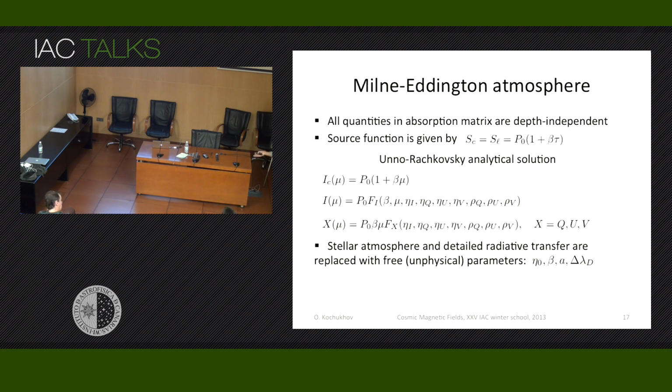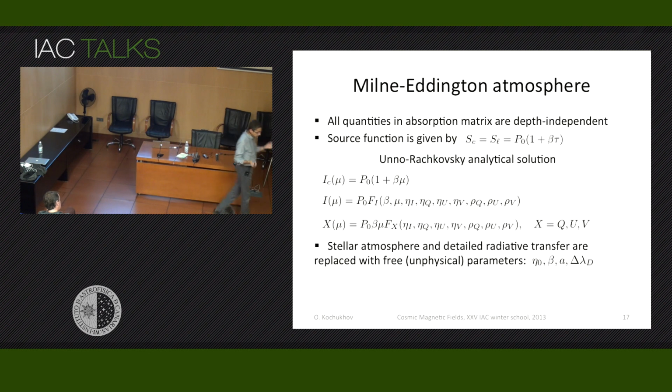So no depth dependence of magnetic field, no depth dependence of absorption coefficients, and so on. Under these assumptions, which are quite strong, and you could say not very realistic, we can obtain what is known as the Unno-Rachkovsky analytical solution of the polarized radiative transfer problem.